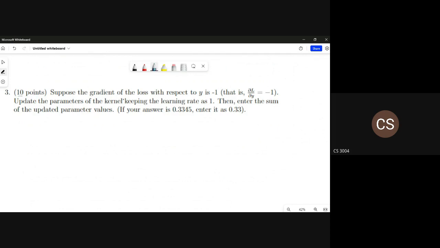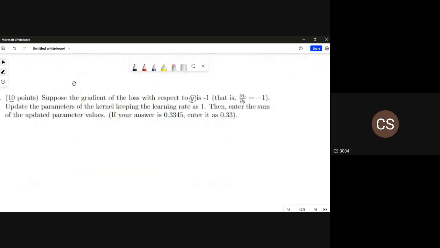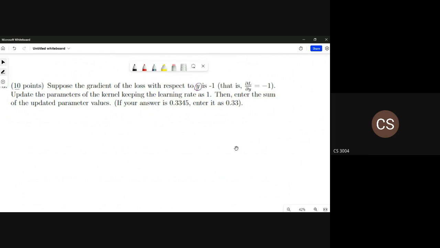Now the question is, suppose the gradient of the loss with respect to y is -1. It should be y hat, but here we denoted the output as y, so it's all right. Let's keep it as y. Remember, in the exam we are always focusing on the toy setting. So what is given is dou L by dou y is -1.